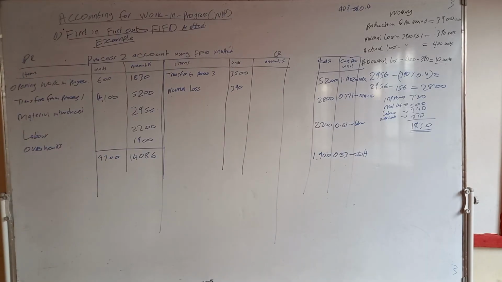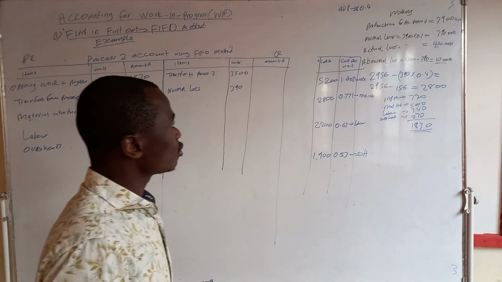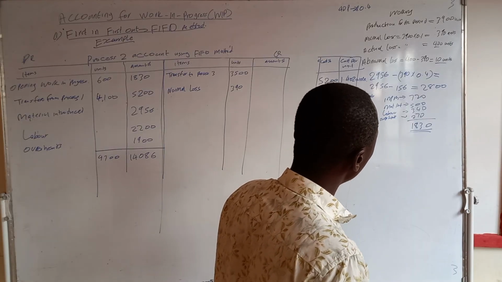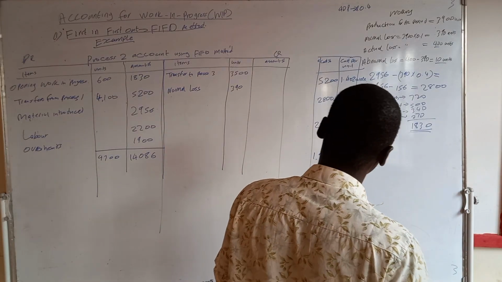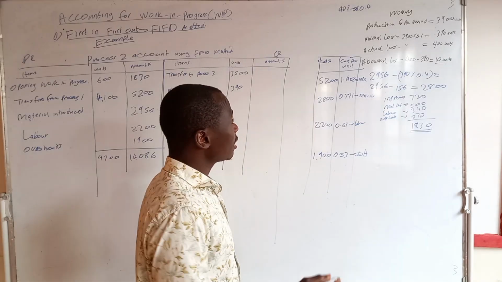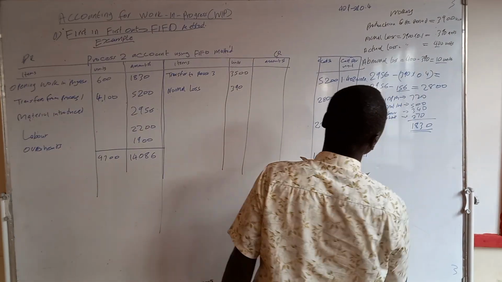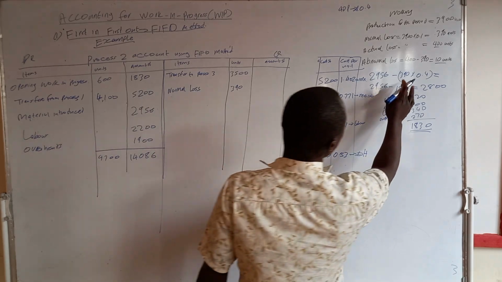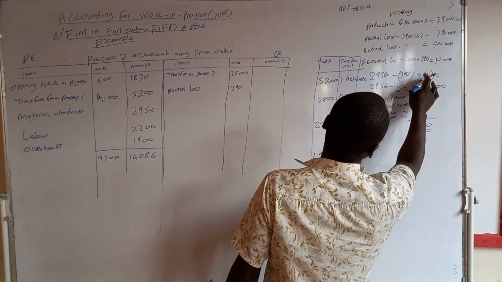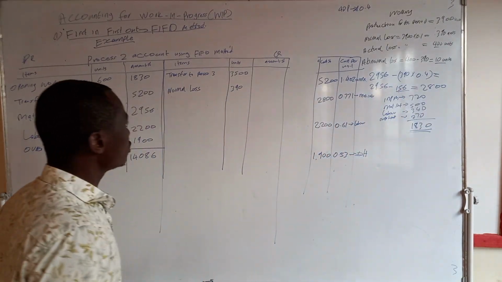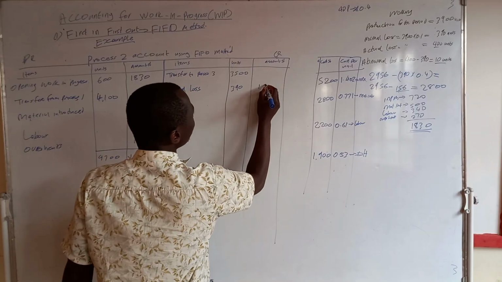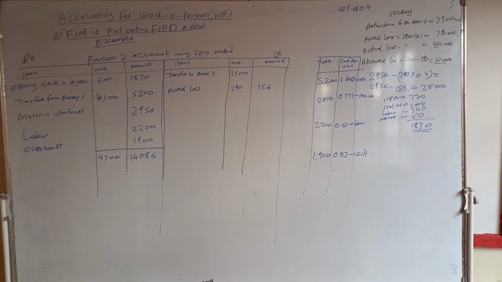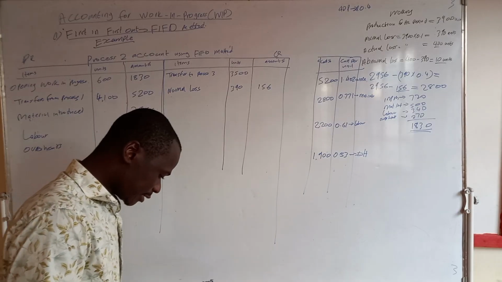Remember, it was sold at a given price, 0.4. On our calculation, we got that number, 390 times 0.4. So this is 156. Hope you are following.